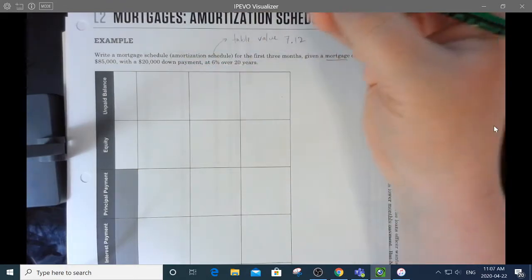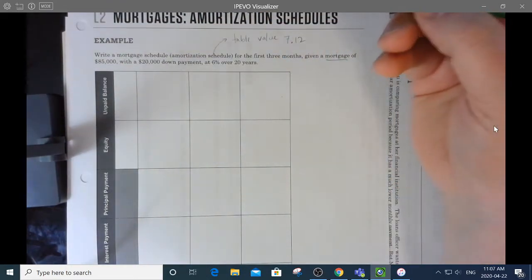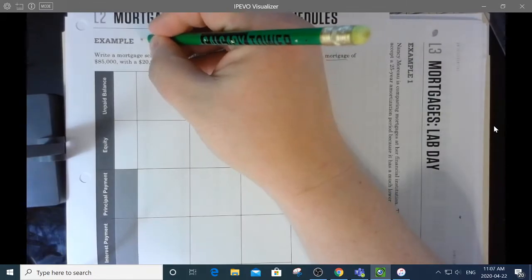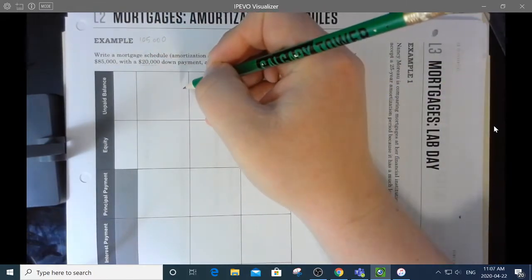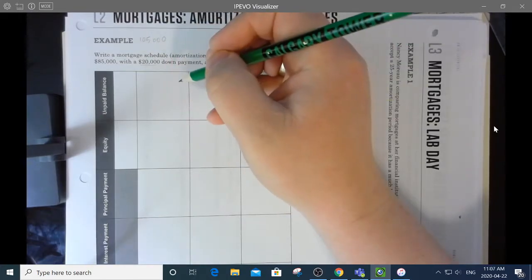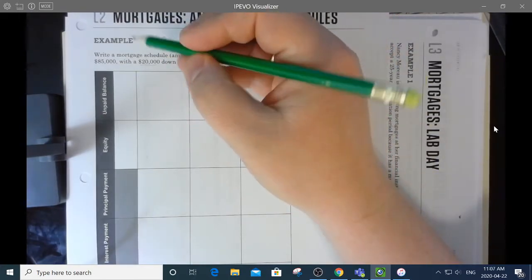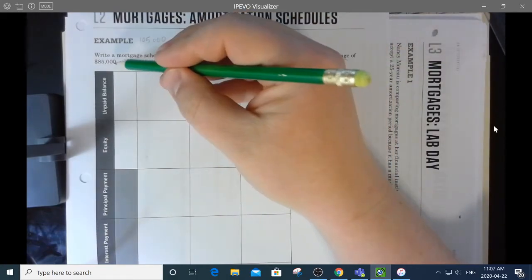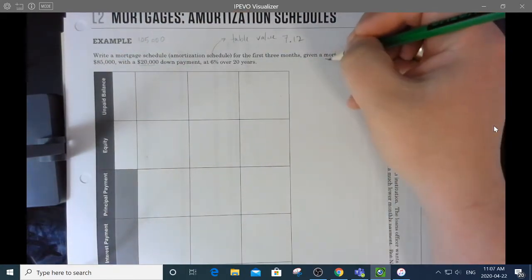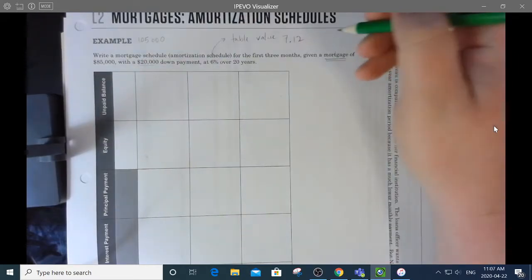That means that the original price of the condo or house was actually $105,000, because $20,000 of it goes to the down payment, and $85,000 is left. So the original price was not $85,000. It clearly says in the question that the mortgage is $85,000.